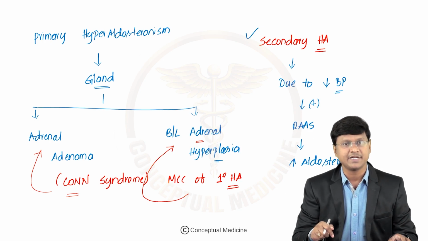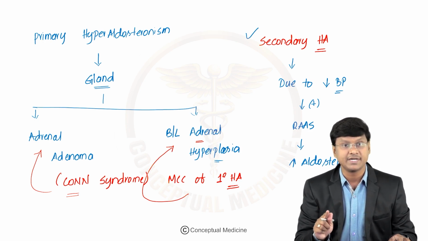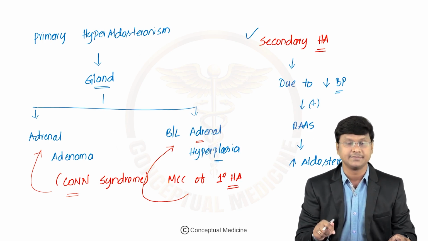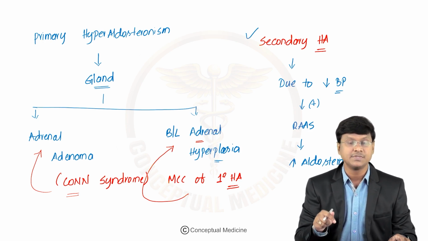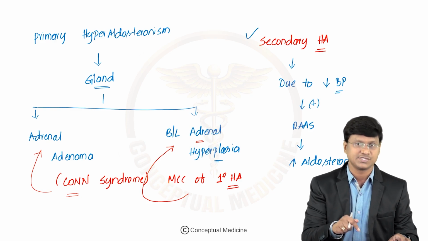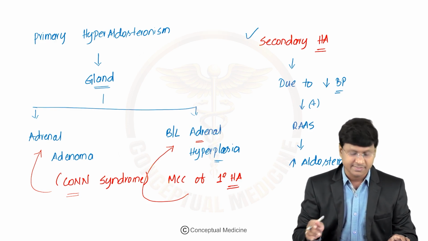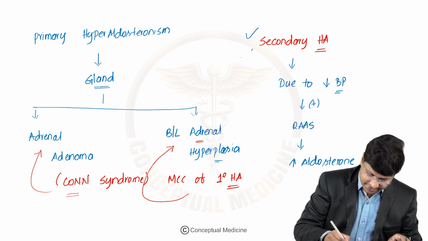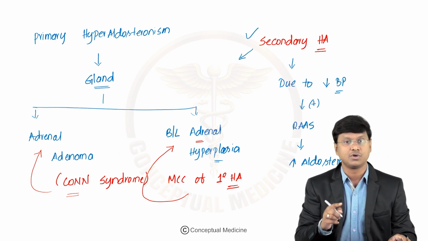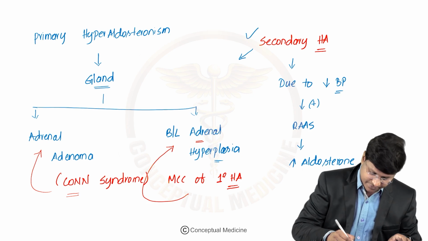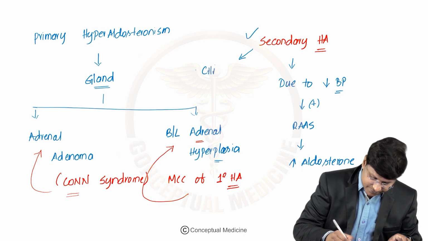So in secondary hyperaldosteronism, the pathology is not directly in the gland. It is the systemic causes. Now, what are those systemic causes? Let me tell you that. The most common cause of secondary hyperaldosteronism is congestive heart failure.